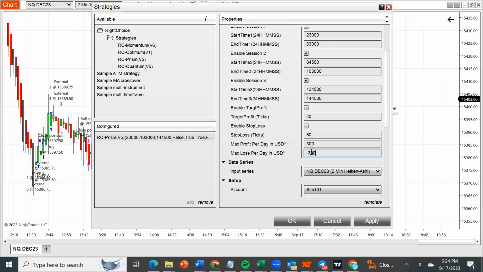For others, you can use 1:1, $200 profit or $200 loss. For NQ or GC and ES, GC and CL, you can use 1:1. Just for NQ, because it is so volatile, you can put maybe 500 or 600. Whenever it makes $300 profit, the bot will get disabled.